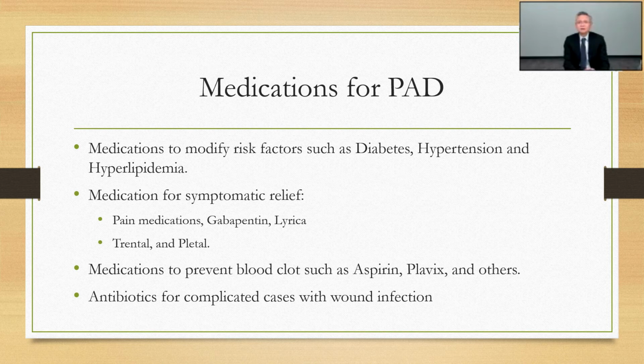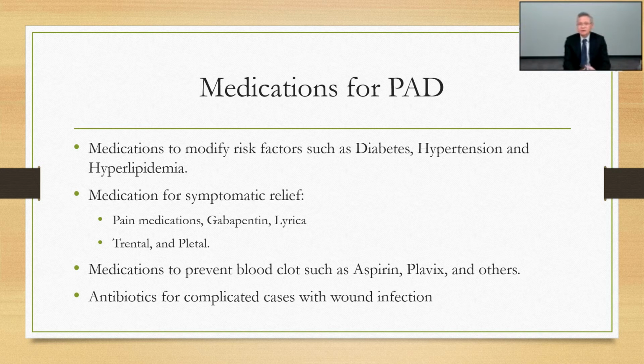And beyond the lifestyle changes, we also have the option of using medication to prevent and treat PAD. Medication here is mainly to modify the risk factors. You really need to work with your doctor to tailor a good medical regimen that fits you best.